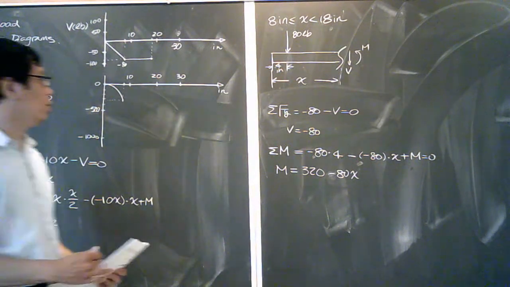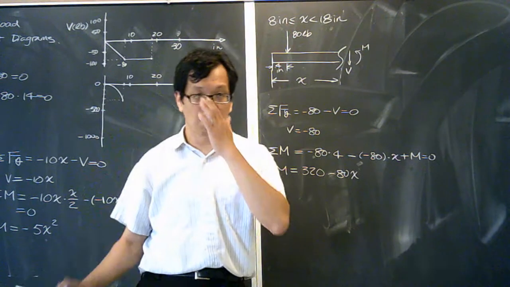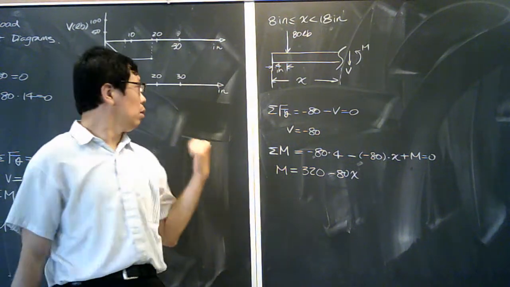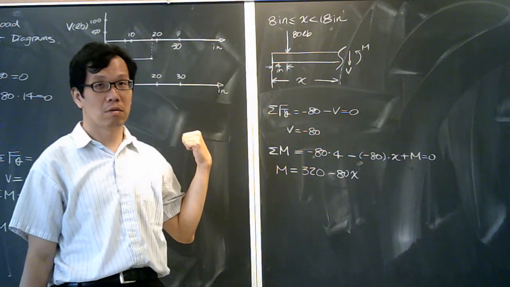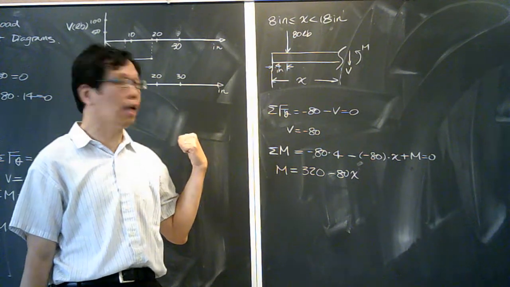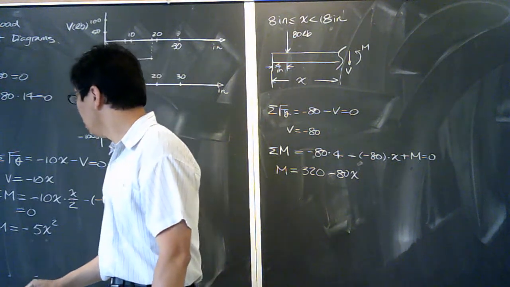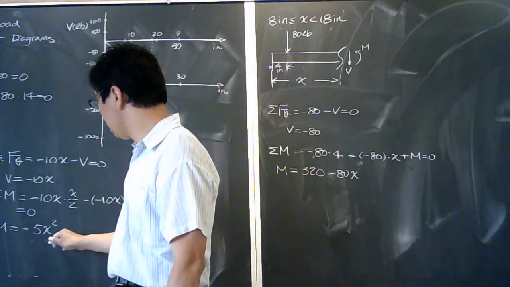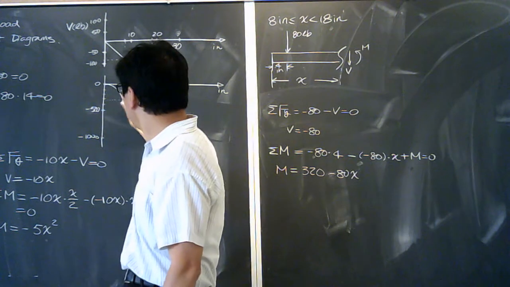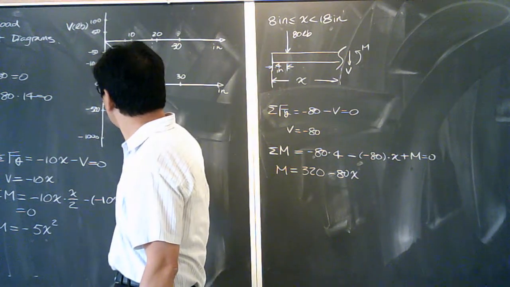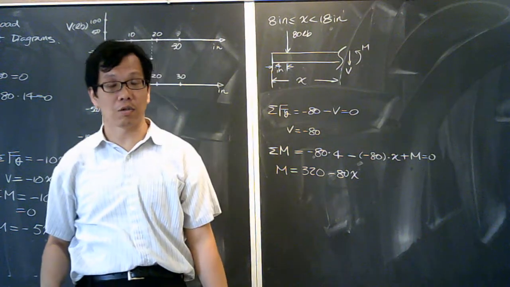So if you plug this number, remember what I said on Monday, the moment diagram must be continuous. Okay, so it means that at the distance at 8 inches over here, this is negative 320.